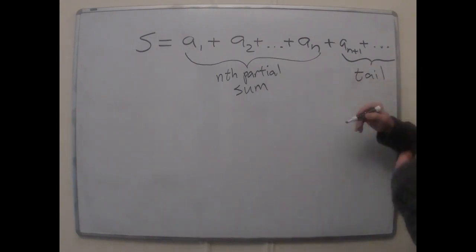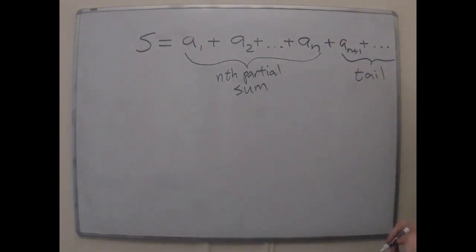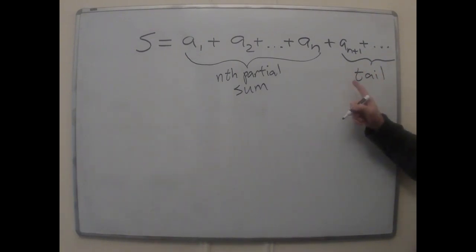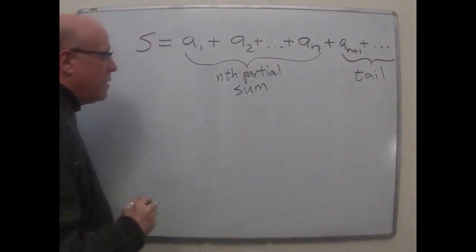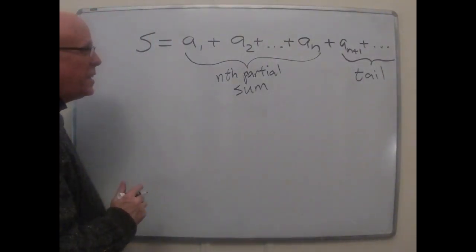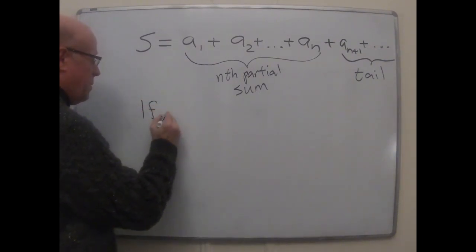And I suppose you could say it's the nth tail, right? It's everything from the n plus first term forward. Convergence of a series really has mostly to do with tails. In particular, if the tail is not finite, there's no way the series converges.